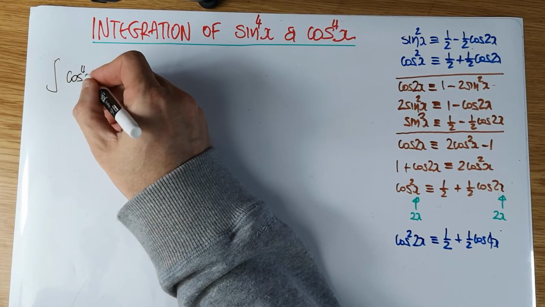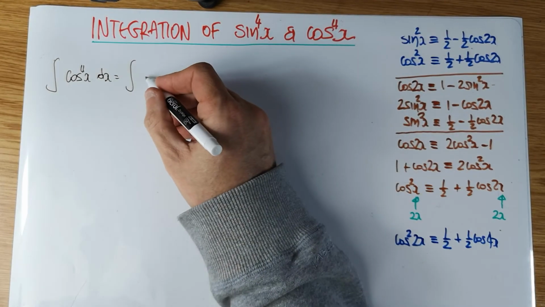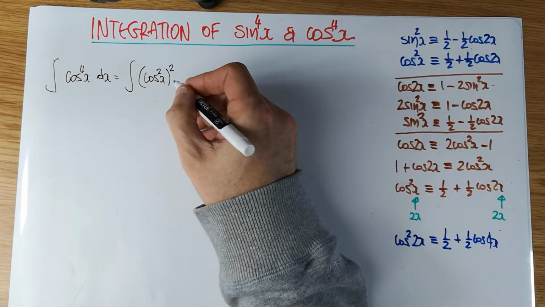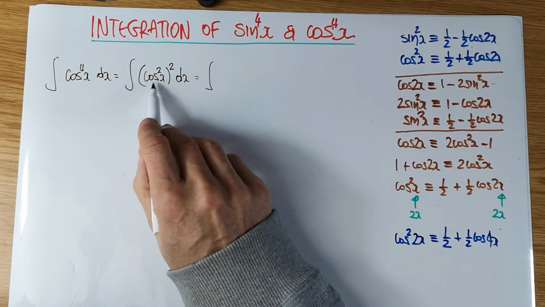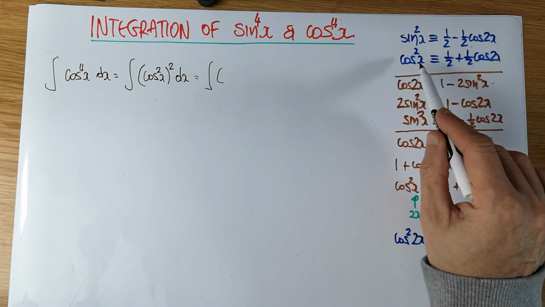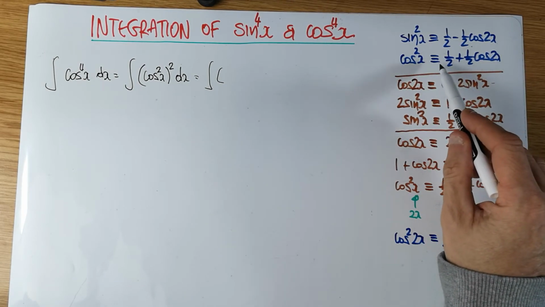So cos to the 4 of x dx, same or rather identical steps. We're going to write it as cos squared all squared dx. We're going to replace this cos squared with the identity that we just derived or we know by heart. I do advise you to actually learn this identity, particularly if you're going to do further maths.